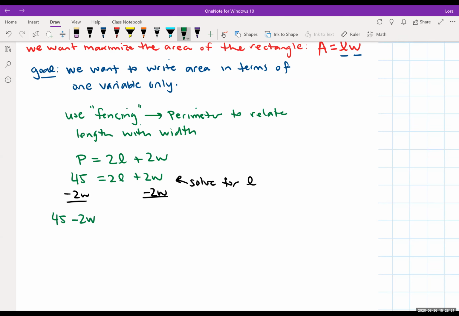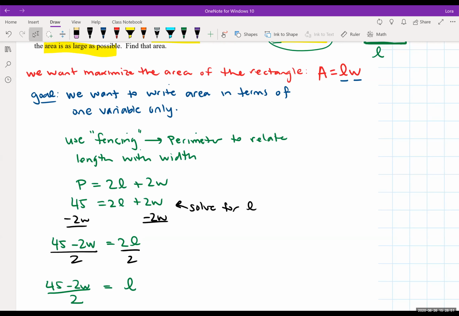I have to write out horizontally equals 2L. And then if I'm going to solve for L, I need to divide everyone by 2. Now there's more than one way to do this, but sometimes I just divide everyone by 2. So I now have L equaling 45 minus 2W all over 2. So we do have length in terms of width.